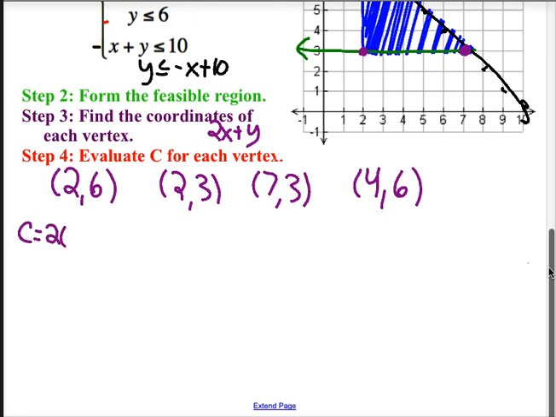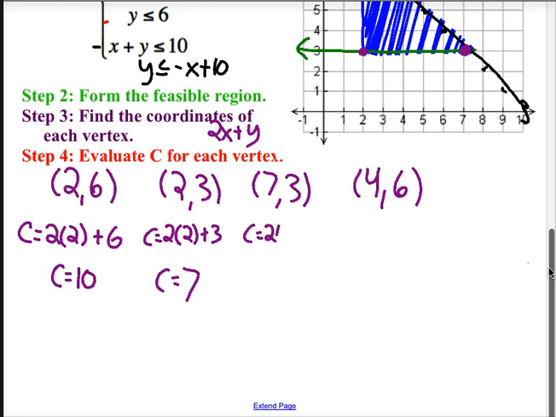So 2 times x plus y: 4 plus 6 is 10. 2 times x plus y: 4 plus 3 is 7. 2 times x plus y: 14 plus 3 gives me 17.